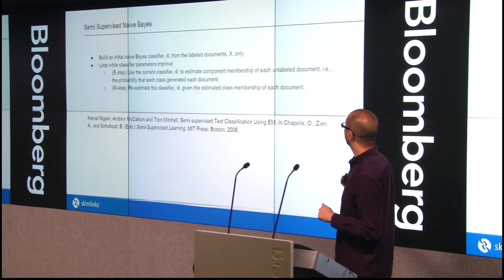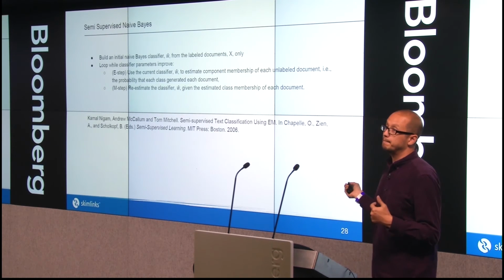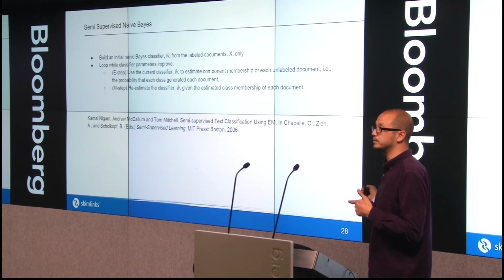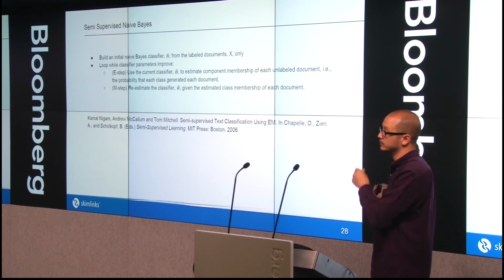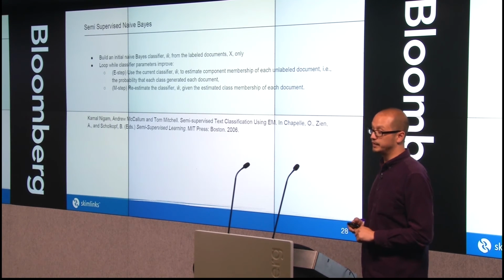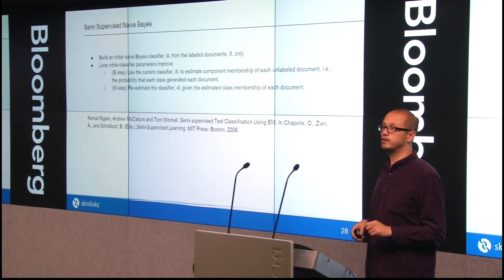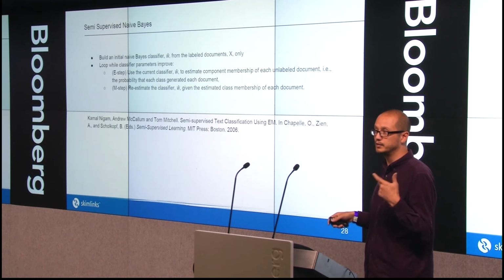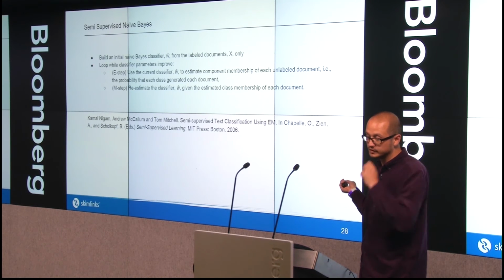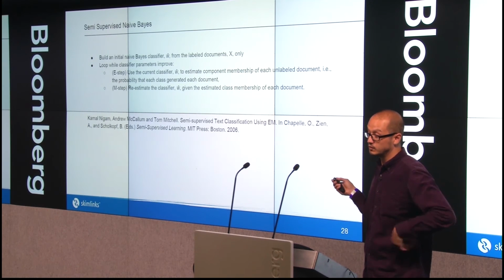So now you have a much bigger set of labeled data from your unlabeled data. Then the only slight wrinkle here is that you have to be able to predict the probability of class membership in order to do this. So you don't label things according to true or false. You don't label them in a binary manner. You label them with a probability of belonging to the positive class, which naive Bayes, as a generative classifier, is quite a sensible choice.